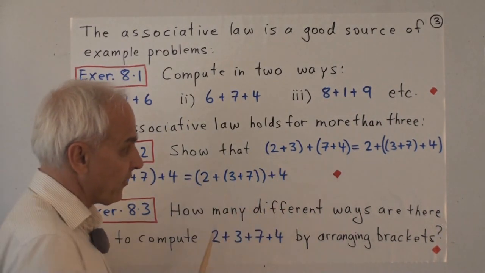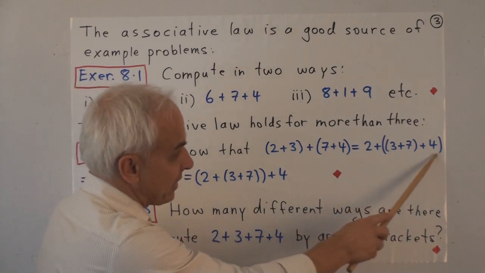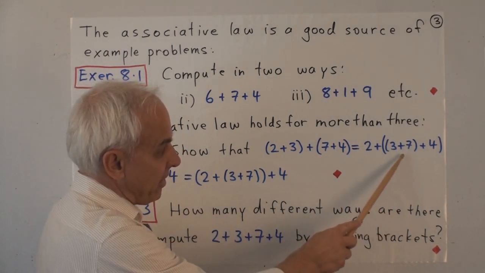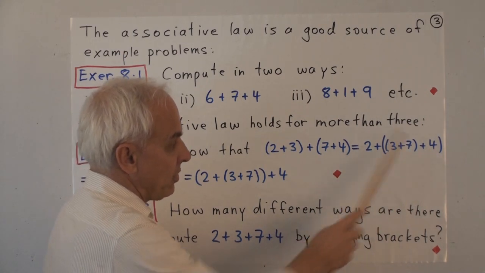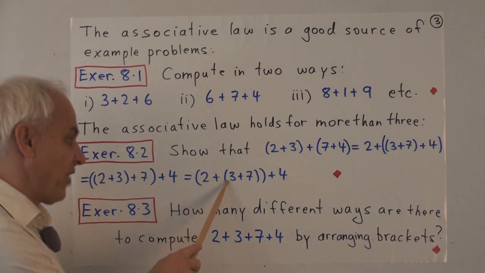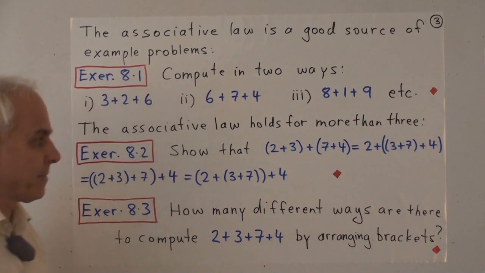Another way of calculating this would be to rearrange the last three numbers and sort of calculate them first. And we could do that by having a 3 plus 7 there, calculate that, and then add 4 to that, and then finally add 2 to that. Or we could do 2 plus 3 first, and then add 7, and then add 4. Or 2 plus the sum of 3 and 7. All of that plus 4.